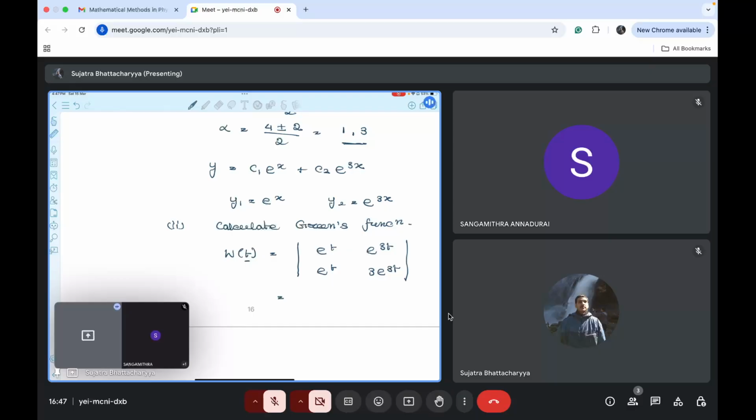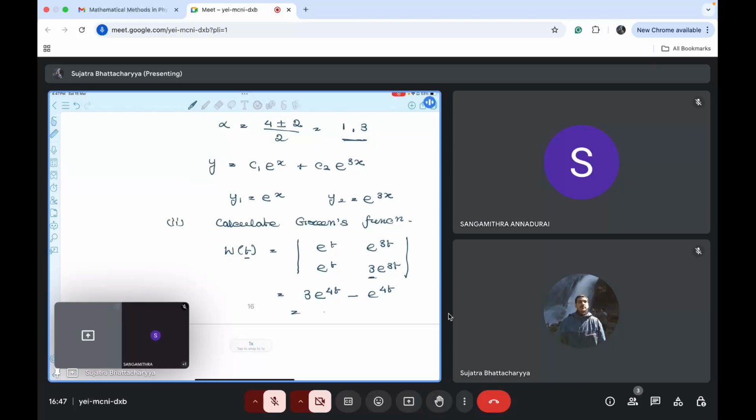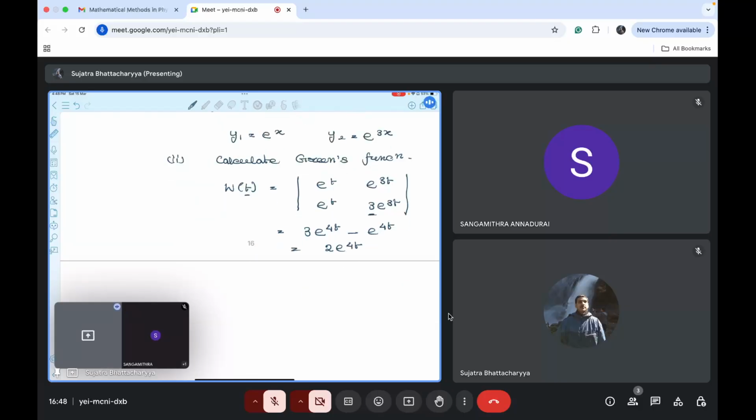Do the determinant, so it will be 3 e to the power 4t minus e to the power 4t. I thought it would be 0, but no, there is a 3 here. So it will be 2 e to the power 4t. This is the Wronskian which we have got in terms of the dummy variable.